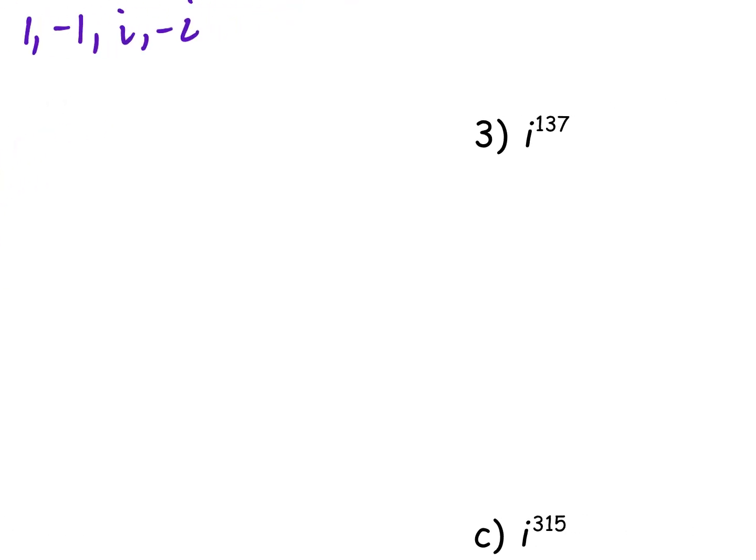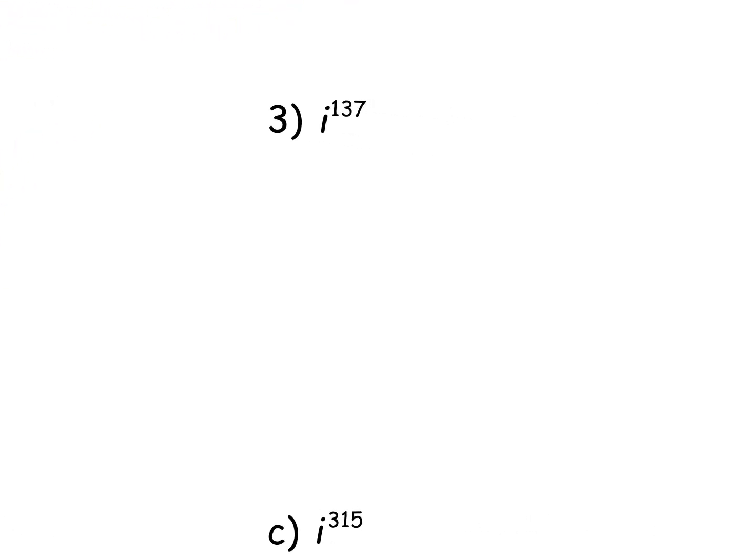Okay, and then number 3. Oh, look at this one. i to the 137th. Okay, so in order to get it into i squared, I need an even number, right? So I'm going to rewrite this as i times i to the 136th power. Okay.